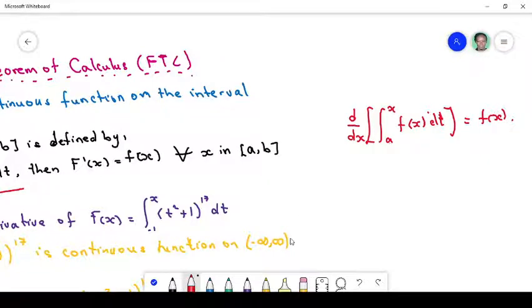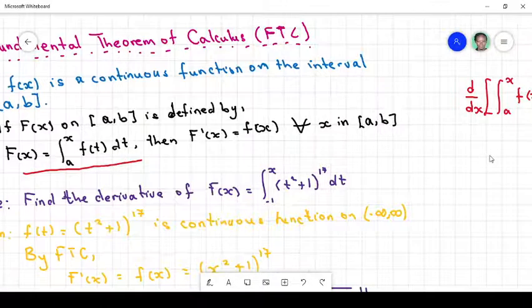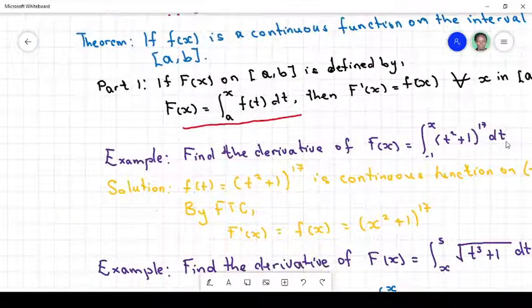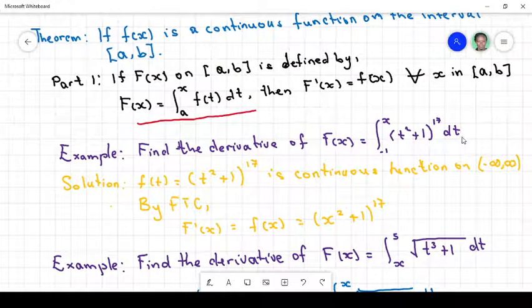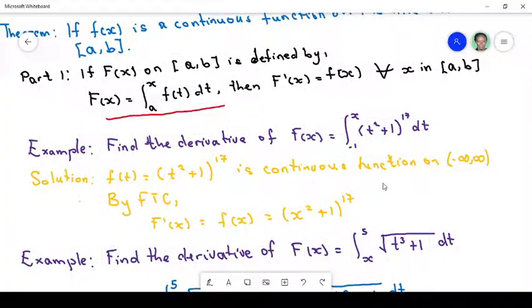So let's look at this example. The first example says find the derivative of this function.